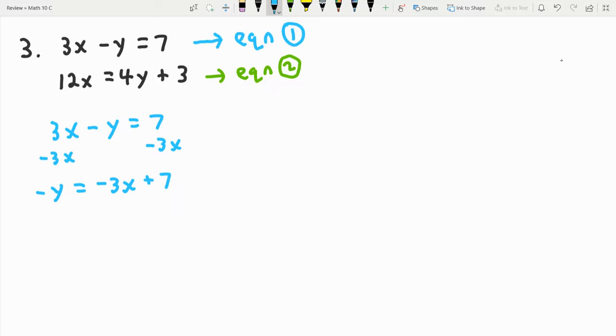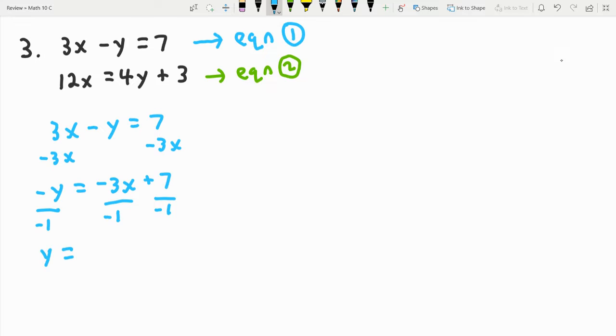Now from here, I want to get rid of my negative y, so I'm going to divide every term by negative 1. There's pretty much a negative 1 in front of the y, that's why it's negative y. So negative 1 divided by negative 1 would just get me y.